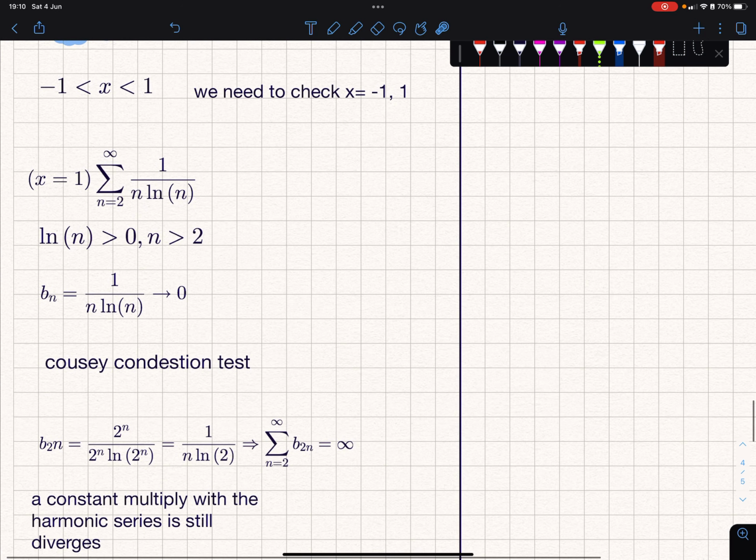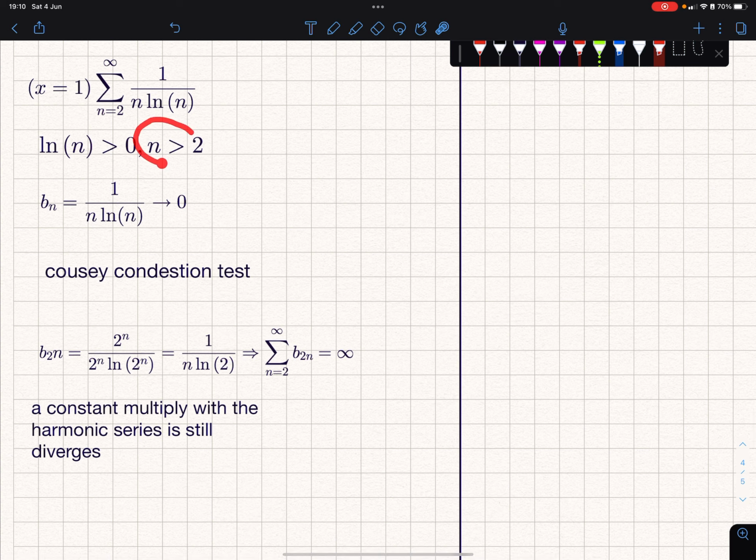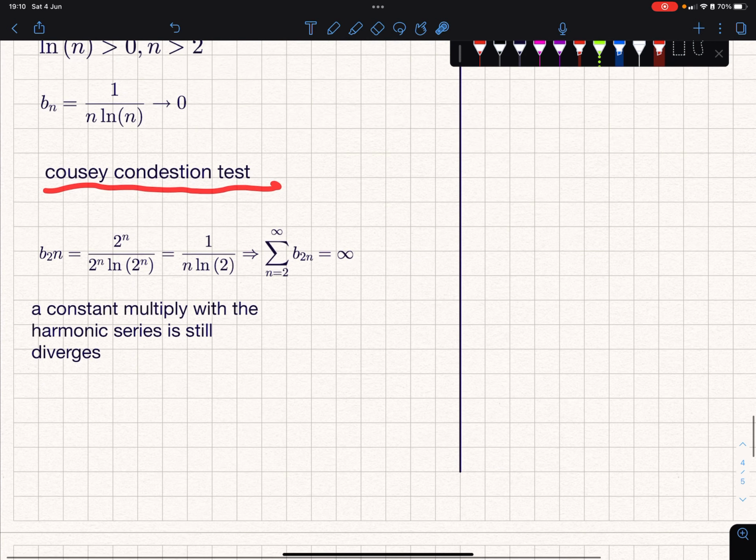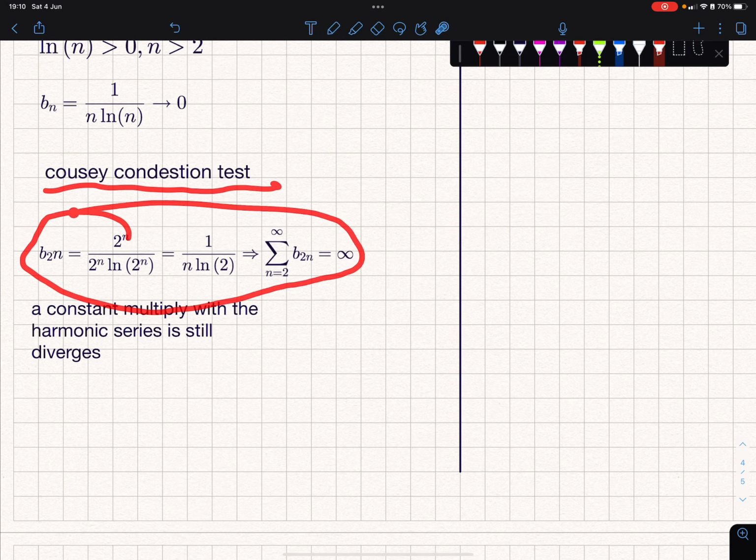So first of all, for x equals 1, we have this series. Now ln of n is always positive in this range, and n is bigger than 2, so it's also positive. And we know this goes to 0, so we can use the Cauchy condensation test. Because of the Cauchy condensation test, we can find out whether this series converges.